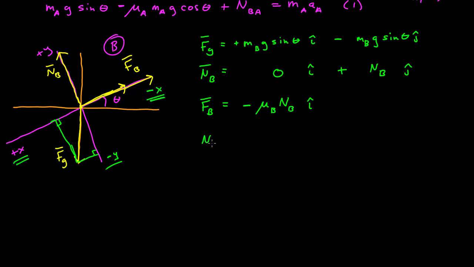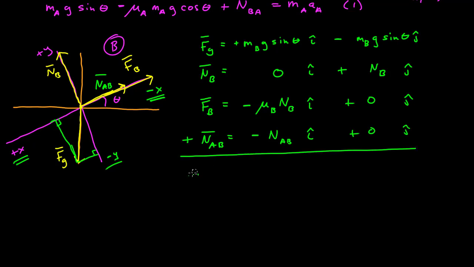And so then I have the normal force of A on B, which was right here, also in the negative x direction. So the entire magnitude in the x plus 0 plus 0.